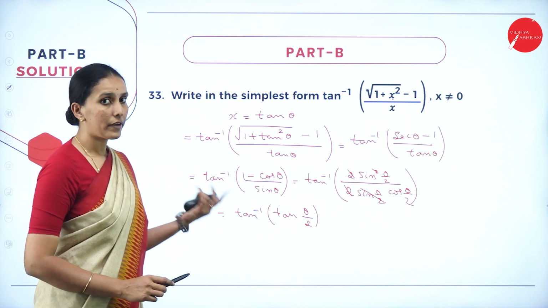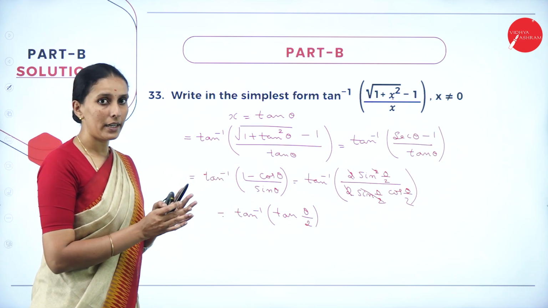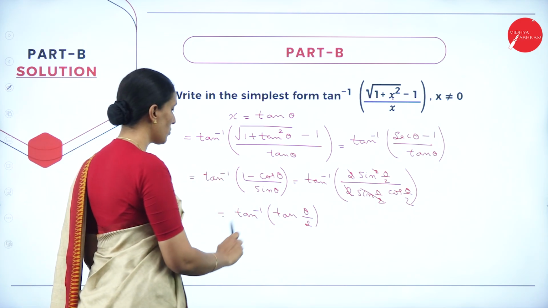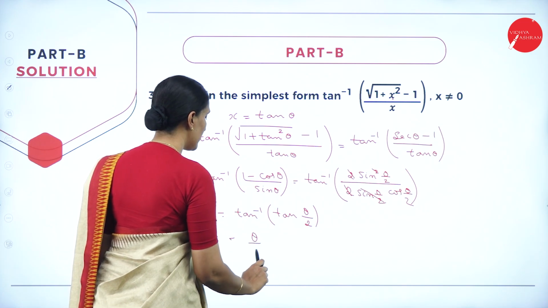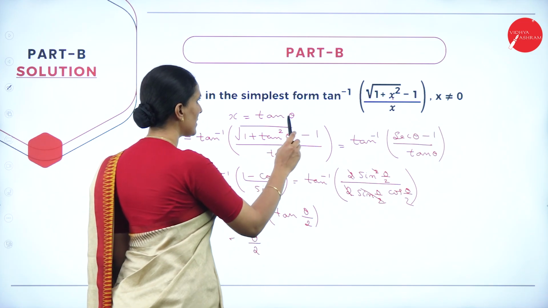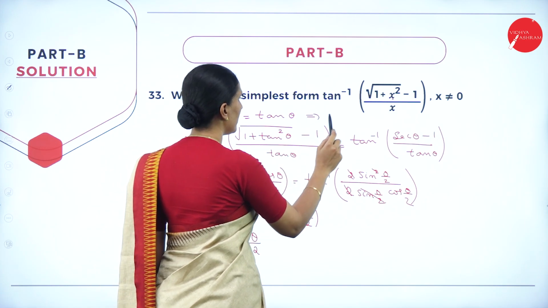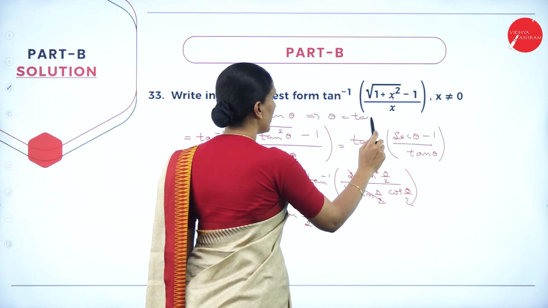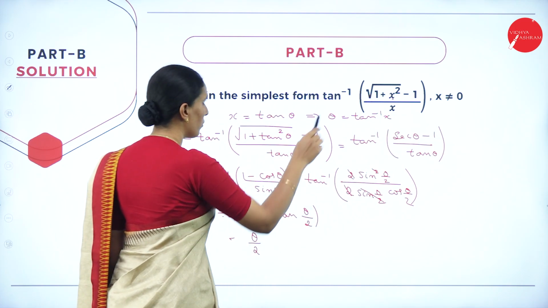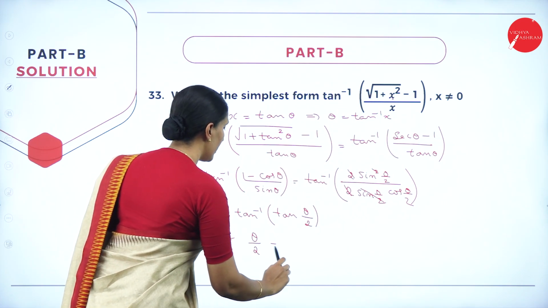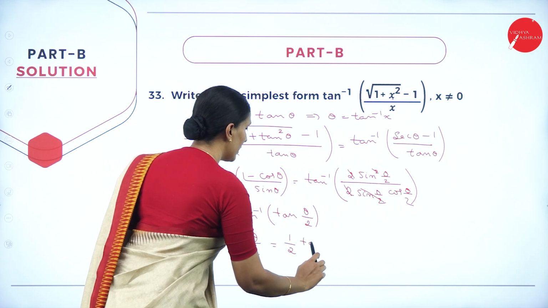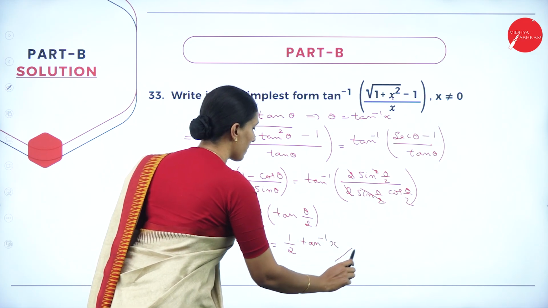Now tan inverse of tan theta is theta under the given domain and range. So therefore clearly this can be written as theta by 2. But what is theta? We have taken x is equal to tan theta, so theta can be written as tan inverse x. So therefore the whole expression is reduced to half tan inverse x.